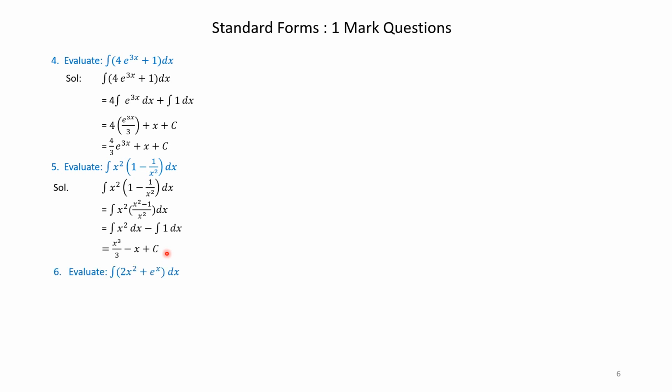Next question. Evaluate the integral of (2x square plus e to the power of x) dx. So here once again there is a summation. You have to separate these two terms. So solution: given integral of (2x square plus e to the power of x), written as it is, into dx.